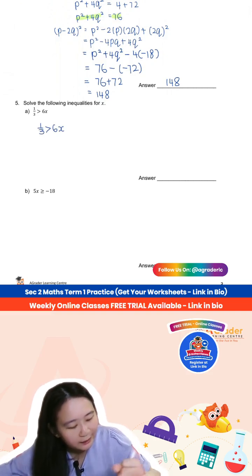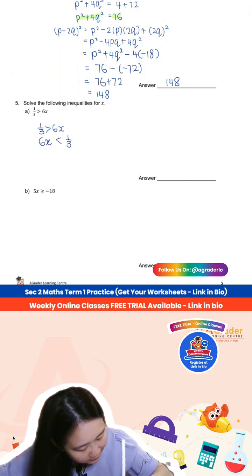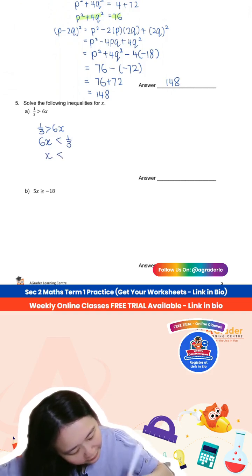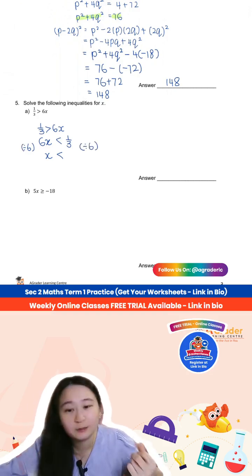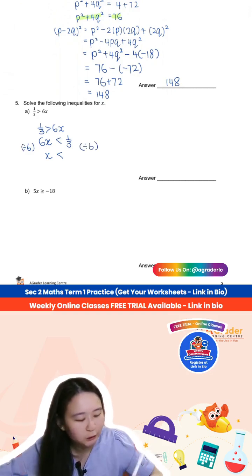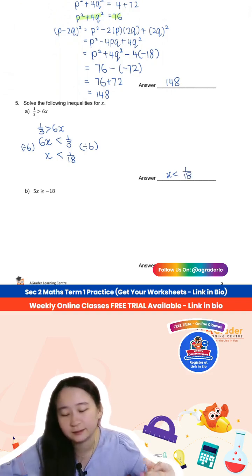So I want x alone. Firstly, I can change their position. I flip them around first. So 6x less than 1/3. And then I only want x, so I divide by 6 on both sides. I'm dividing by a positive number, so I'm not changing the sign. So I'll get 1 over 18. So x less than 1 over 18.